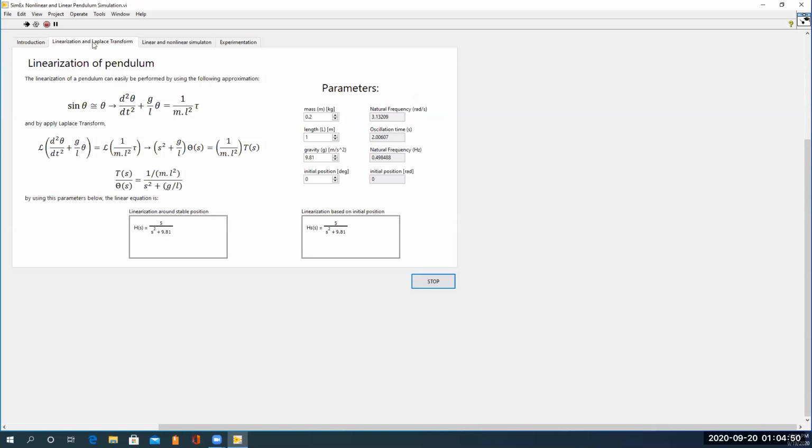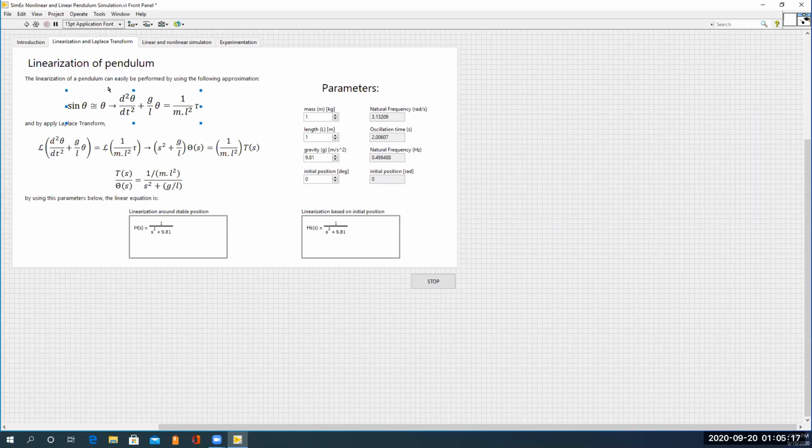Then we can use the parameters we used in the book. I set M to 1, length is 1 meter. Then we can stop here and rerun the simulation.